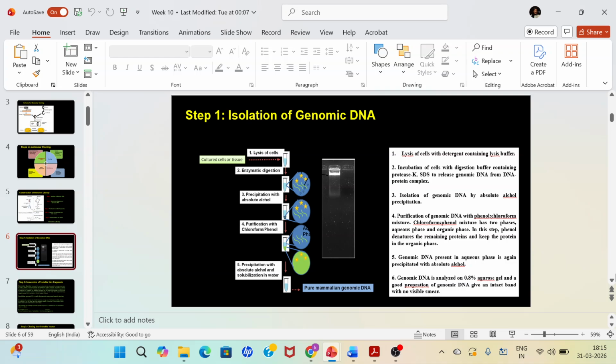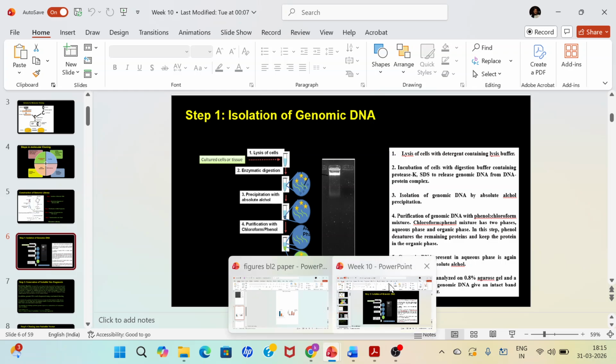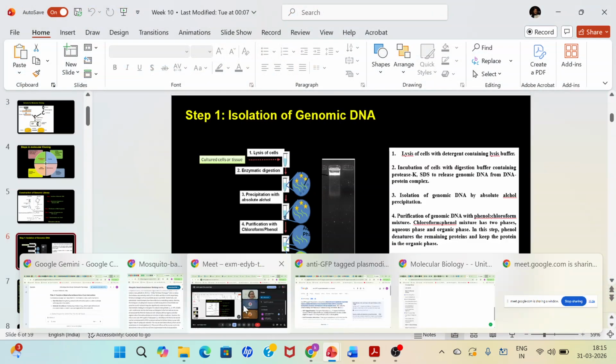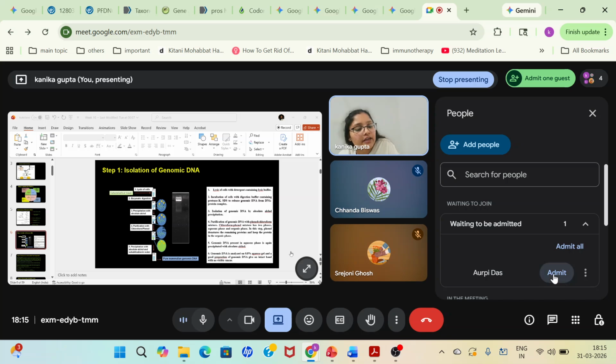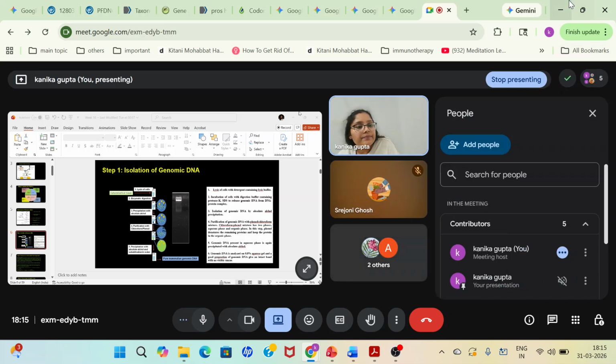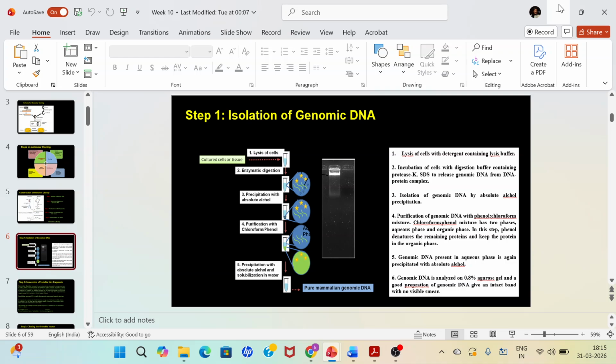Then the purification is done by the chloroform phenol method. The chloroform phenol method is done for better purification, so that any protein content or any other materials can be removed from the sample. The precipitation with absolute alcohol and solubilization in water is done.